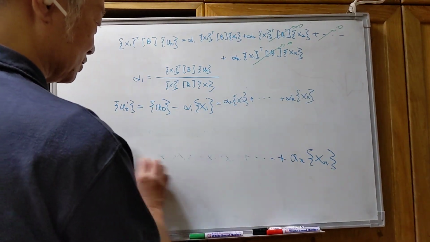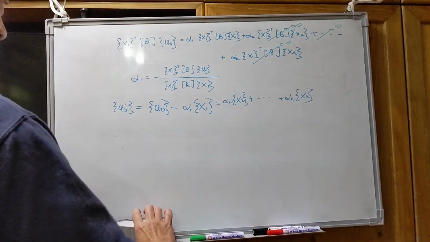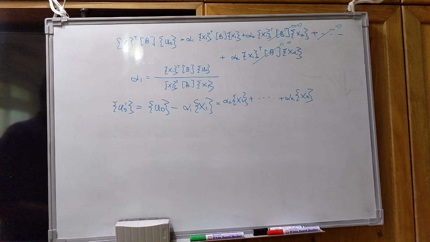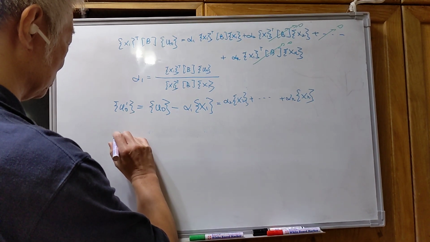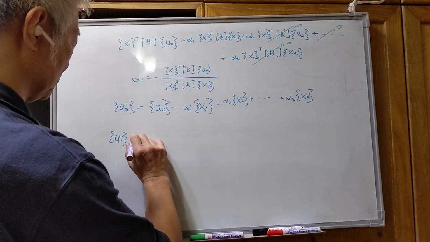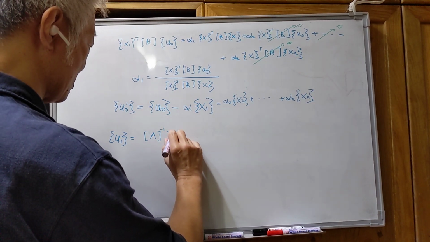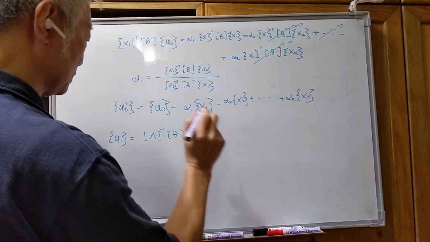Okay, after you get the U0 prime, then you will continue the similar solution procedure used to get the first eigenpair. Then you will calculate the U1 vector, which is A inverse B U0 prime.